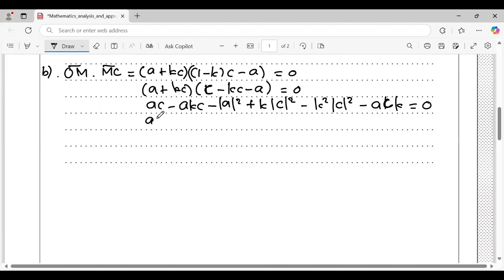And it becomes AC times 2, because there are two AKC, this one and this one, minus A squared plus KC squared, this one, minus K squared C squared equals 0.